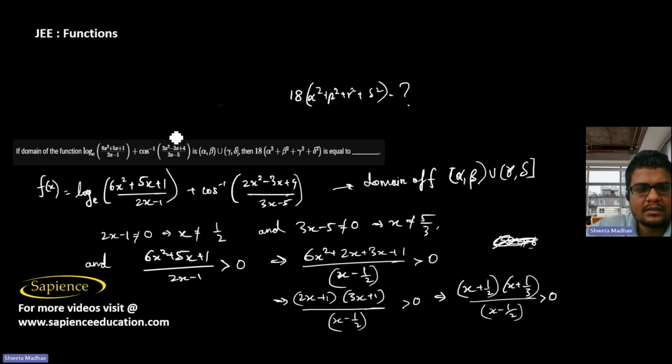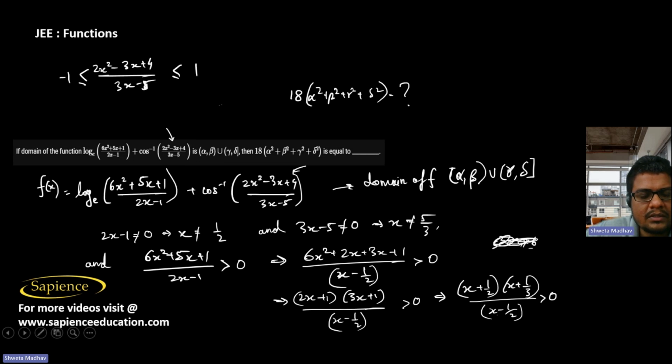And then the value which is inside the cos function, that should be from minus 1 to 1. It means (2x square minus 3x plus 4) by (3x minus 5) should be greater than or equal to minus 1 and less than or equal to 1. Then only the cos inverse function is defined.